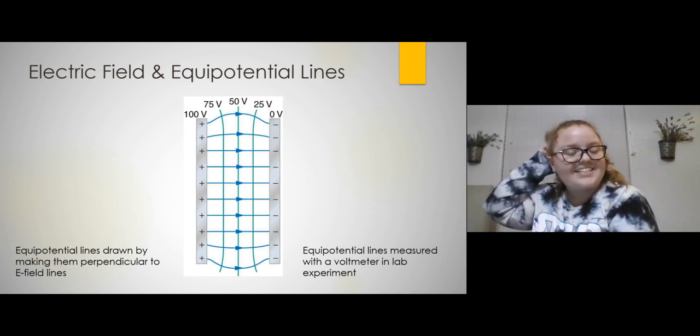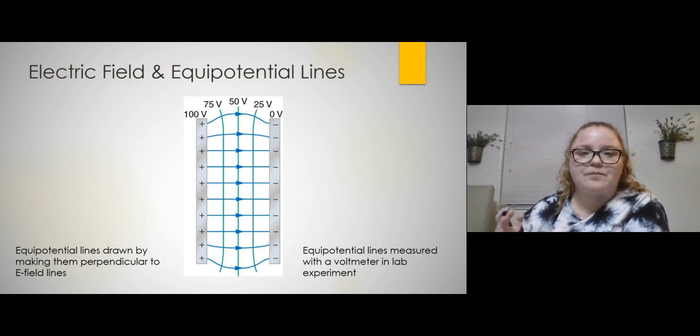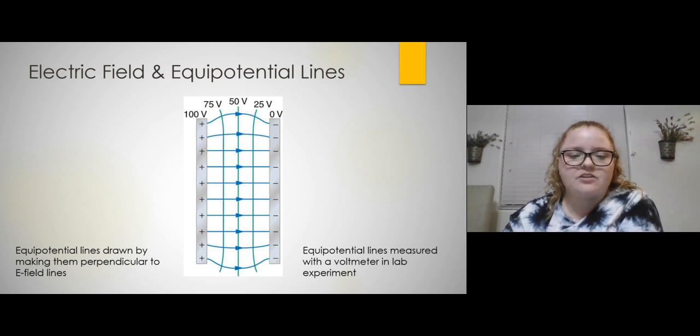Here is another example of equipotential lines, and this is between two parallel plates. We have positive charges on this plate, negative charges on this plate, and you can see the electric field lines. These are our E field. Then our equipotential lines look like so.